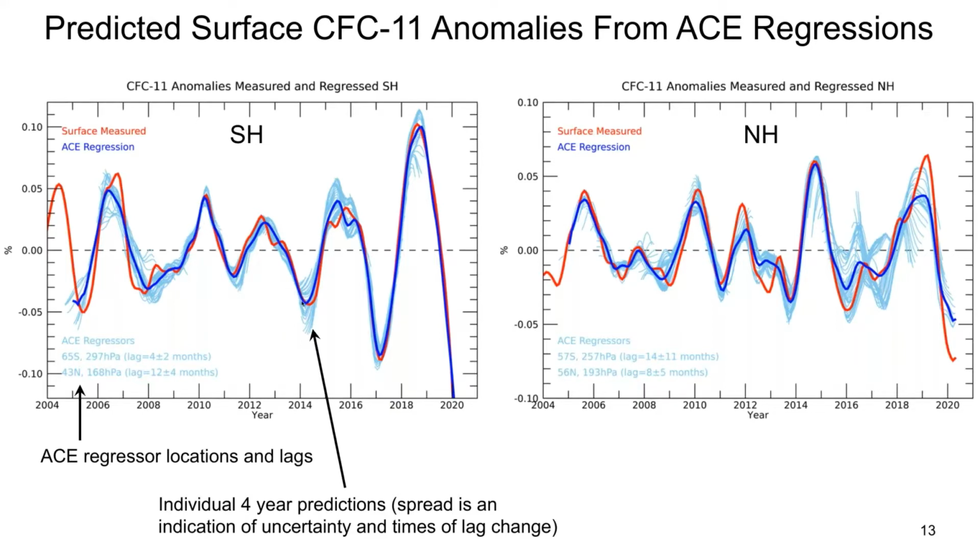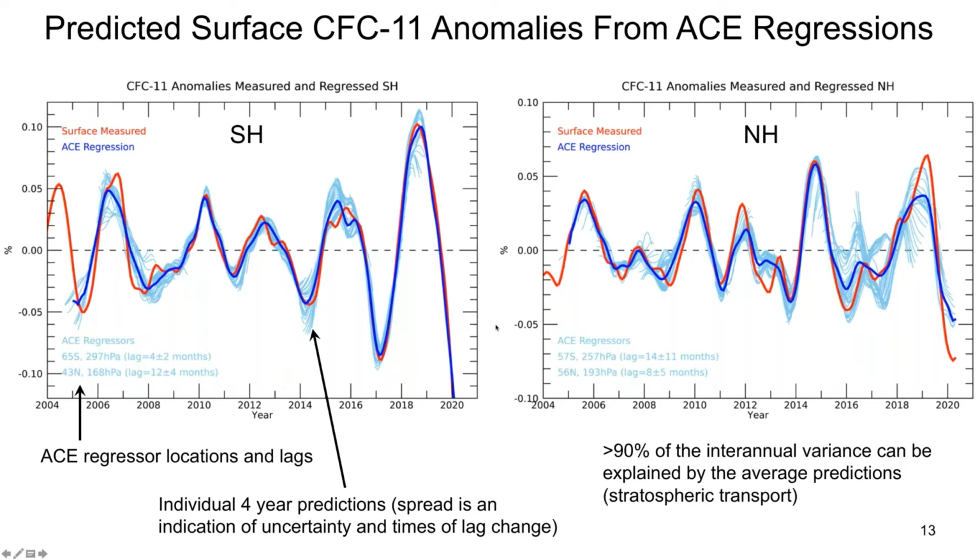So the lag had to change enough to incorporate that change in the transport, essentially. And so the solid blue is an average of all those. All right, so you can see very good agreement actually through almost all of these anomalies at the surface. Greater than 90% of the variance can be explained by these average predictions, so by stratospheric transport, essentially.